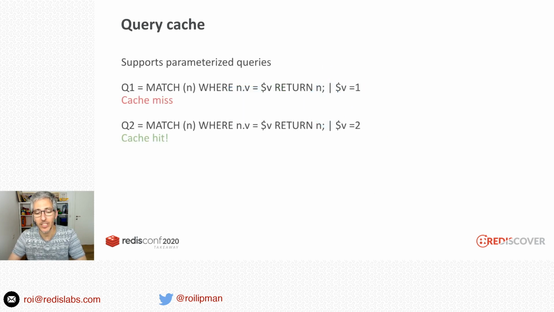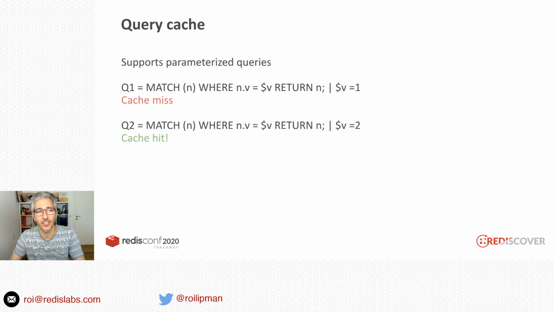If you are using parameterized queries, then we disregard the parameters. Meaning that, let's look at this example, for instance. Match n, find any node in the graph where n.v, the node n has an attribute v of type $v, where $v stands for a parameter.